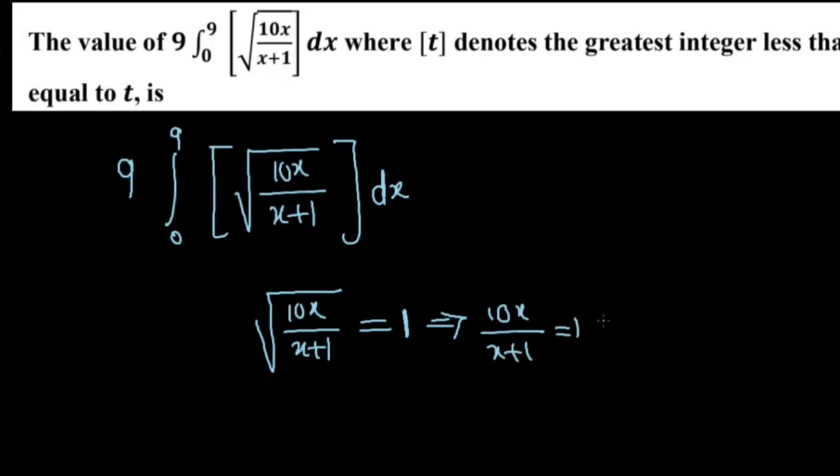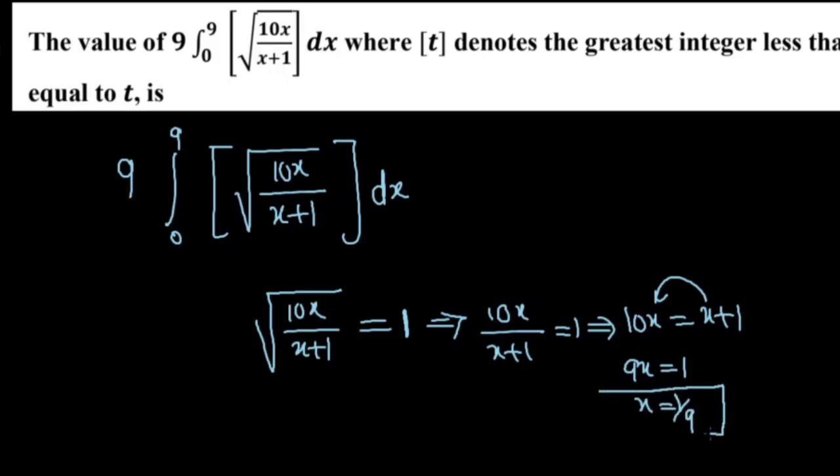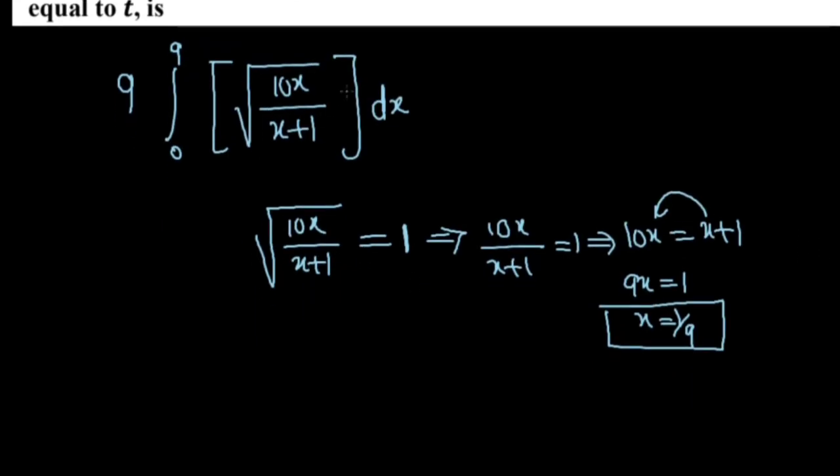And from here, 10x is equal to x plus 1. Sending x to here, 9x is equal to 1. X is equal to 1 by 9. So at an input of 1 by 9, I'm getting output 1. Okay, let us consider this value, the result is 2.